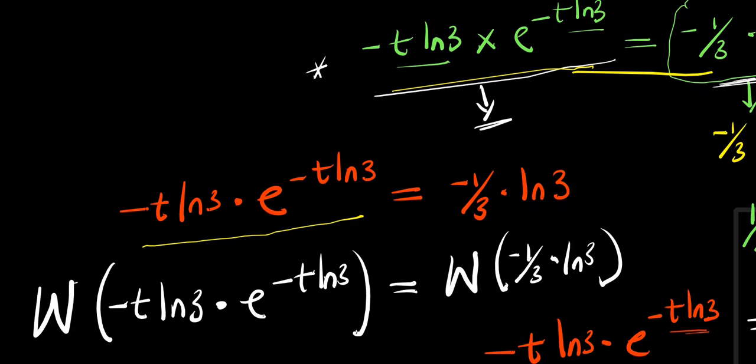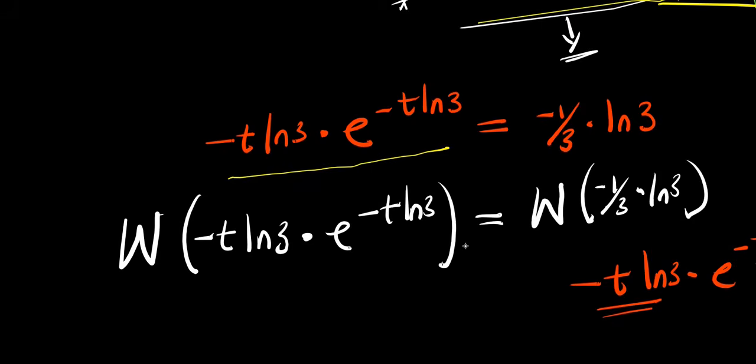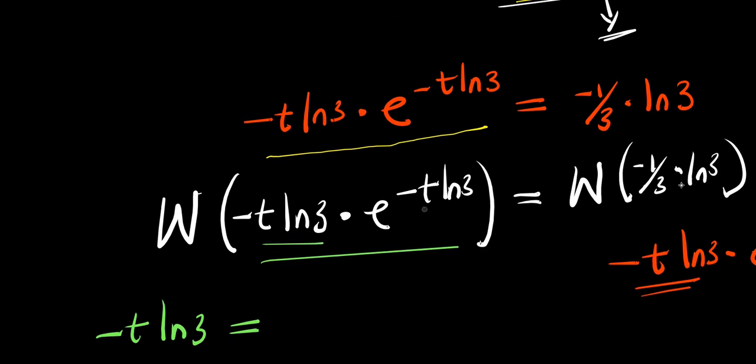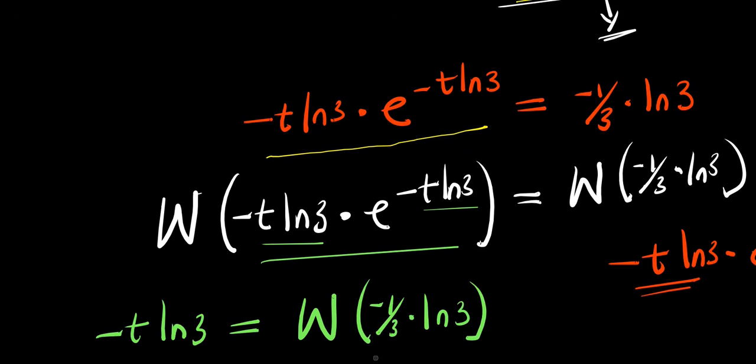So at this point, what we are going to have is the output here, as usual, will be negative t ln 3, and this equals here. There is no output because the base and the exponents are not the same here. So what we are going to have is the Lambda-W function of negative 1 over 3 times ln 3, right?